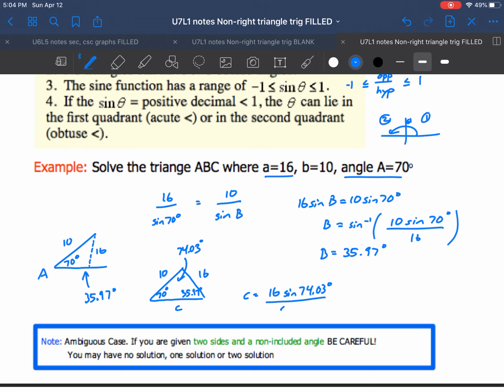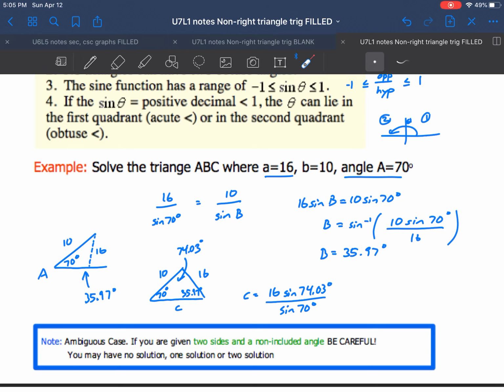How am I getting this equation? Well, I'm saying 16 over sine 70 is equal to C over sine 74.03, right? So this over this is equal to C over that, and I'm just moving that sine 74.03 over.